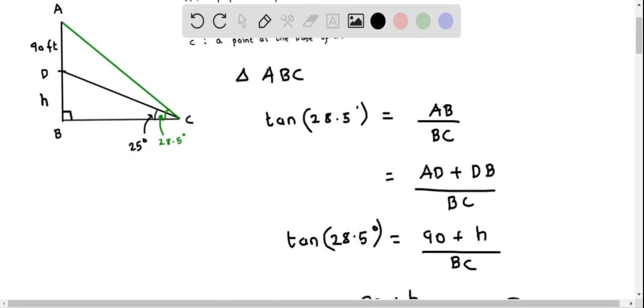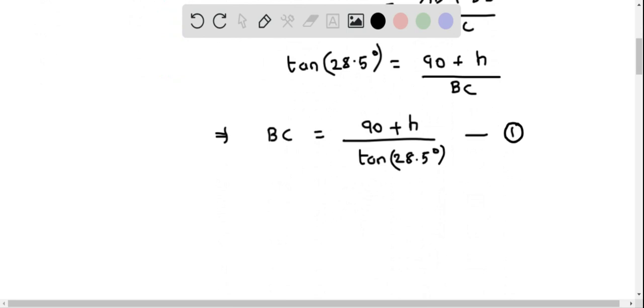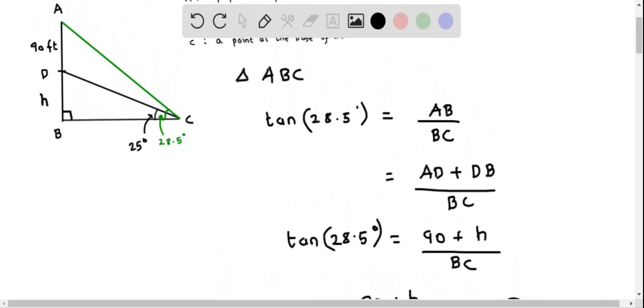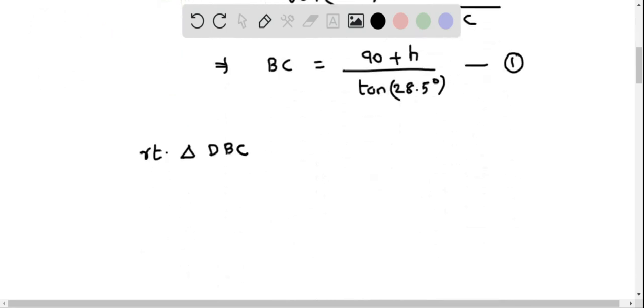Now we are going to consider the other triangle, that is right triangle DBC. And in this right triangle, we are going to determine the tangent ratio, that is the tangent of 25 degrees.